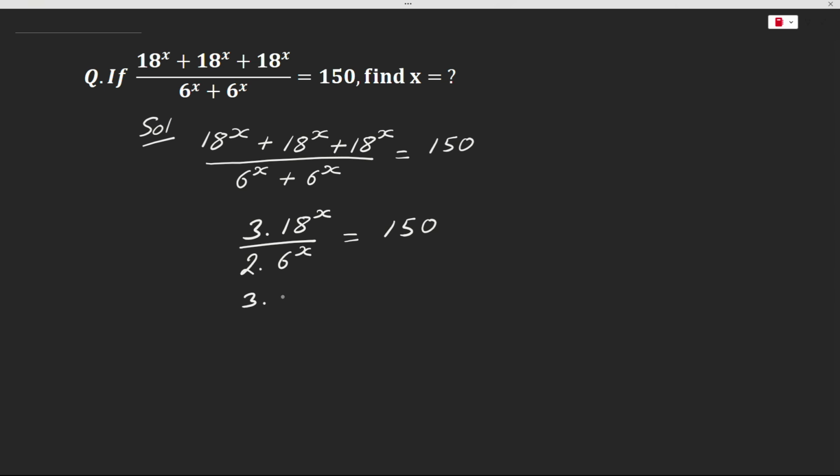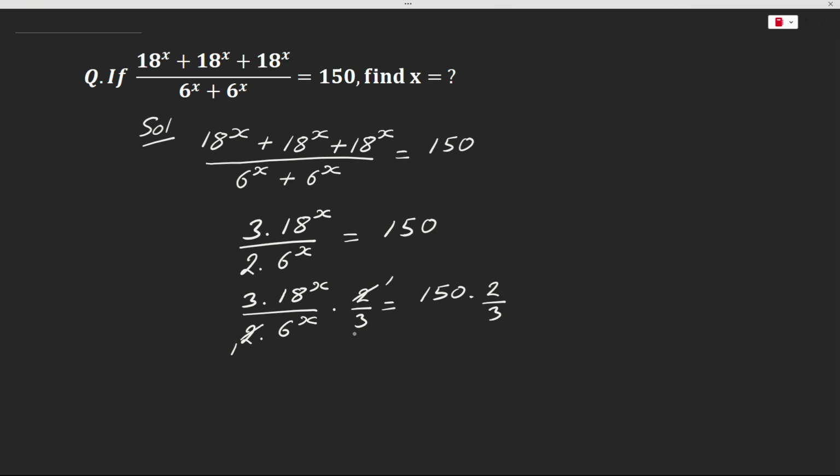3 times 18^x by 2 times 6^x, times 2 by 3, equals 150 times 2 by 3. Here and here 2 will be reduced by 2 one time, here also one time.